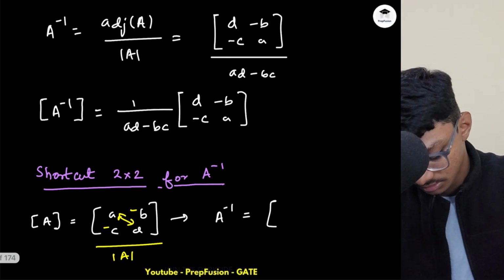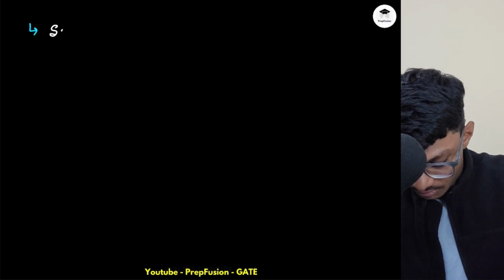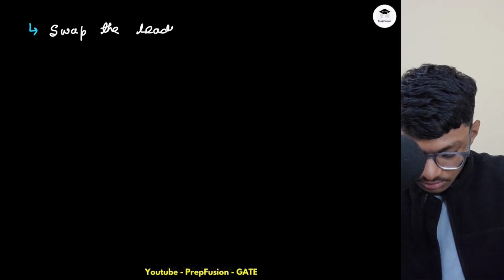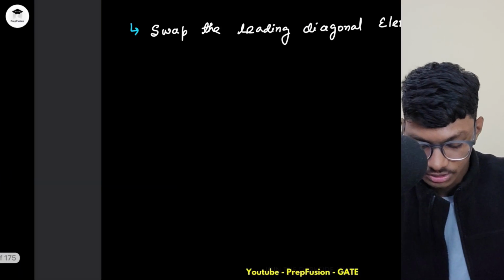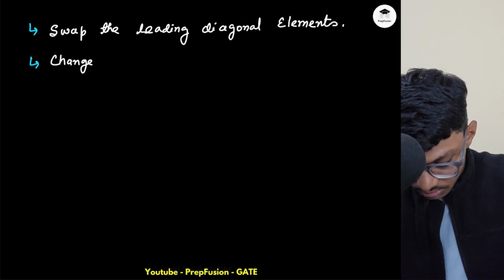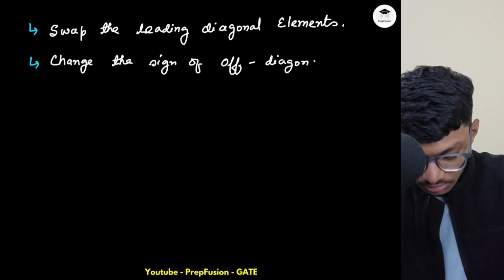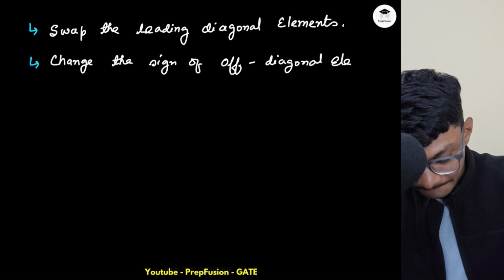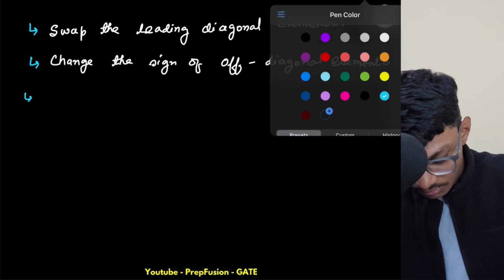So I will write this over here: swap the leading diagonal elements, and change the sign of the off-diagonal elements, and then you divide by the determinant of A.